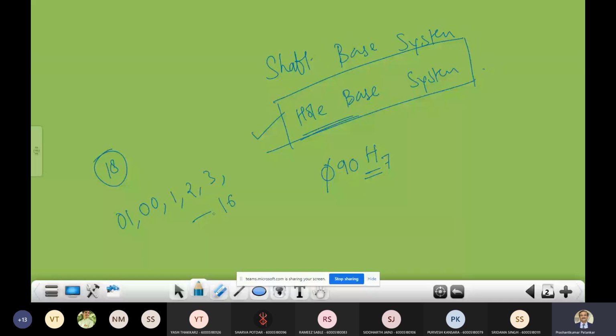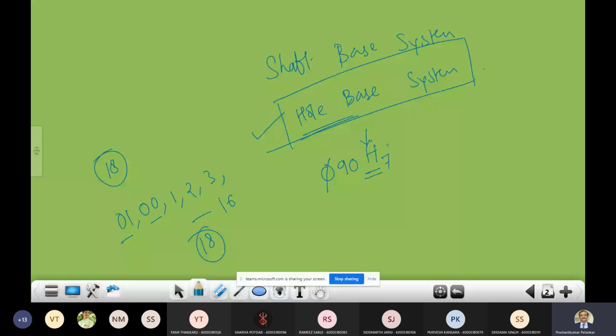So 1 to 16, that is 16 numbers, plus 01 and 0. So in all we have 18 tolerance grades. The fundamental deviation we denote with alphabets: capital letters for the hole and small letters for the shaft.